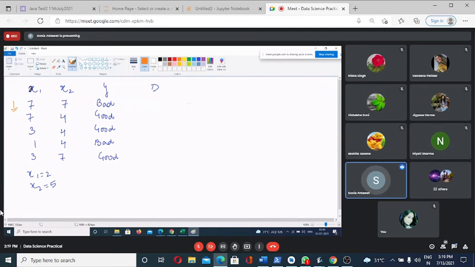It is coming out to be 29. So you are calculating it by this: 5 square plus 2 square, that is equal to 29.